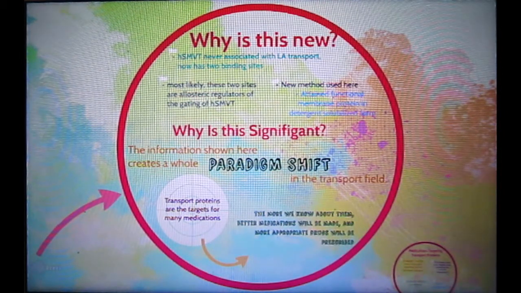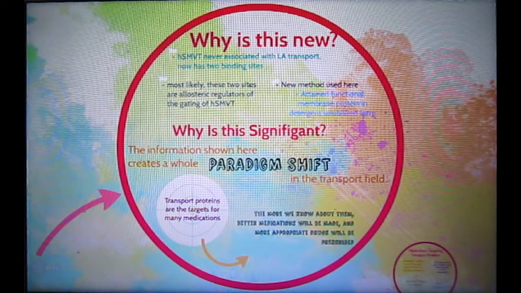So as I mentioned earlier, in 1999, an article stated that there were only 2 substrates of HSMVT, which were biotin and pantothenic acid. Because they never had the functional membrane protein of HSMVT to do studies on, they could never really decide if there were other substrates that would be attached to it.